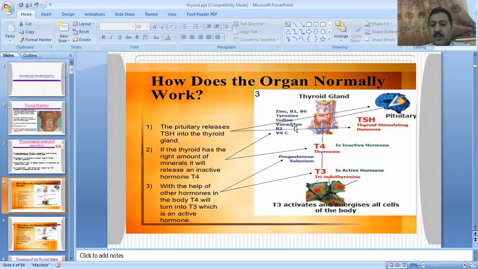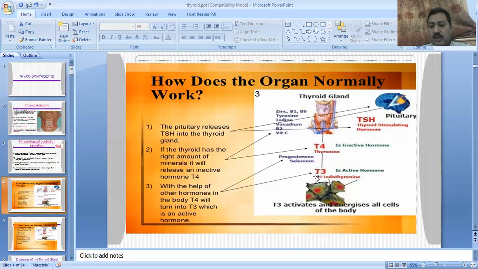So in the normal state, the pituitary gland releases the thyroid stimulating hormone. This thyroid stimulating hormone acts on the thyroid gland in the neck, which releases the thyroid hormones. First, it releases T4, which is in the inactive state. Then it is converted in the peripheral tissue to the active form, T3, triiodothyronine.